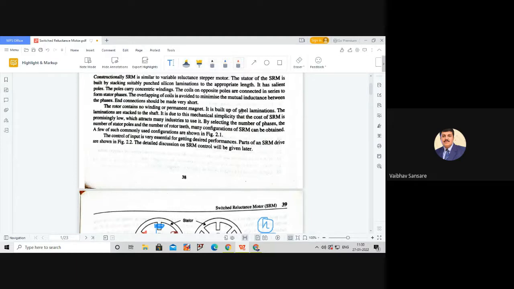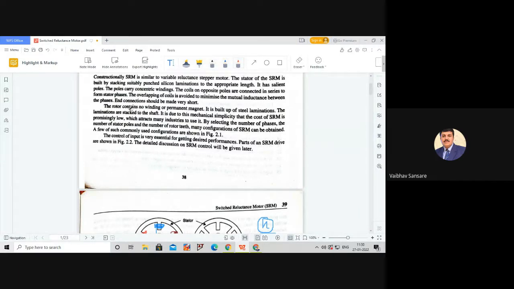If there is an overlapping between the adjacent stator coils, then definitely there will be certain mutual inductance between those coils, and that mutual inductance will definitely affect the working of the SRM, and to avoid this, overlapping is generally avoided.